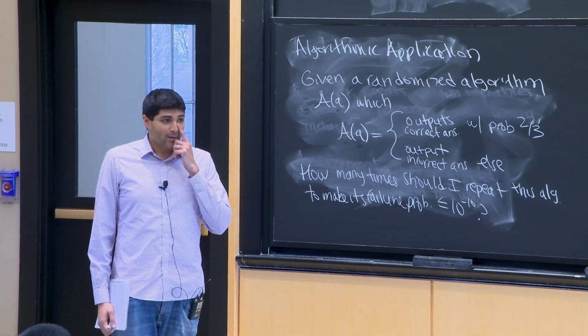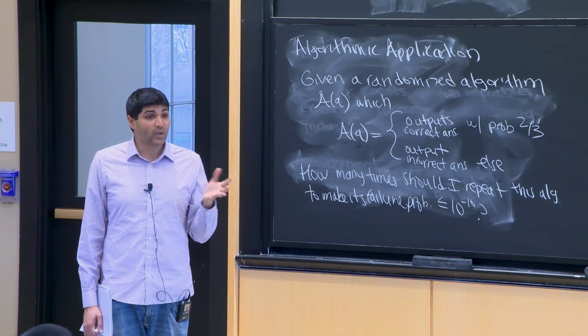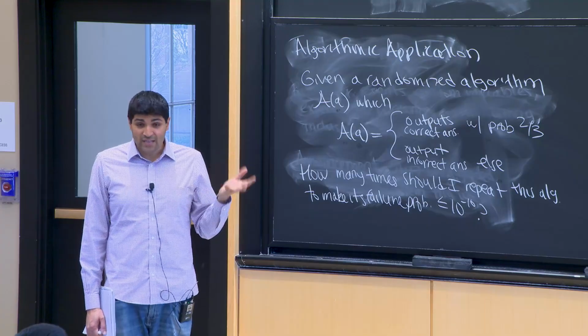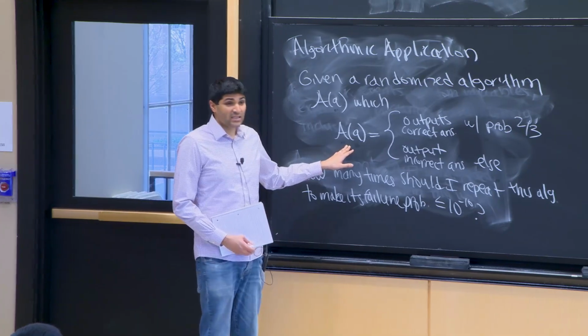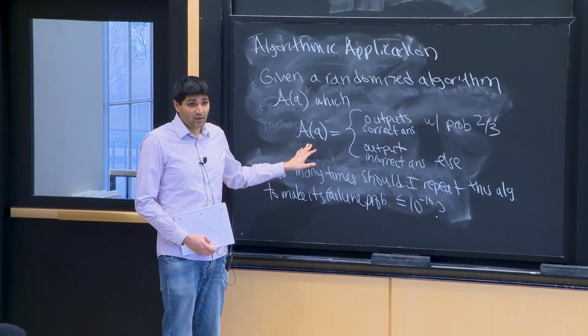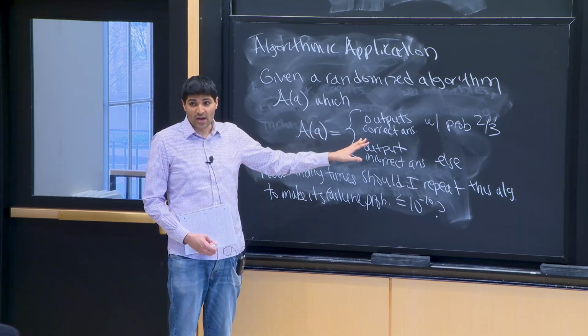So if you think about it, this is really the setting of the weak law of large numbers. It's the same kind of thing. Each of my runs is a random variable xi that tells me whether or not q is prime.